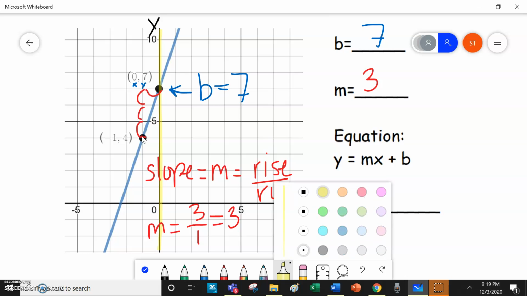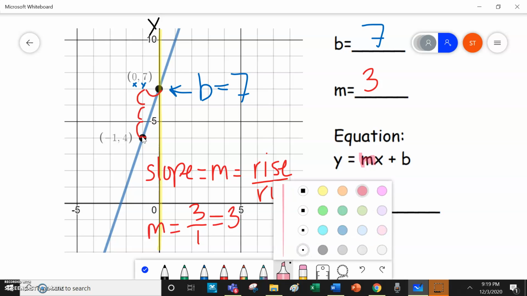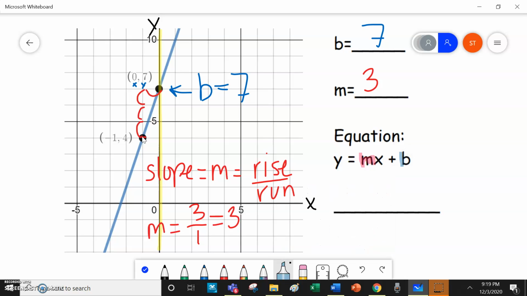So then when I'm writing my equation, y equals 3x plus 7, because my equation is going to be in mx plus b form, I'm legitimately just replacing what I just did. y equals 3x plus 7. So we look at the graph, we find the y-intercept, we find the slope, we plug them in.